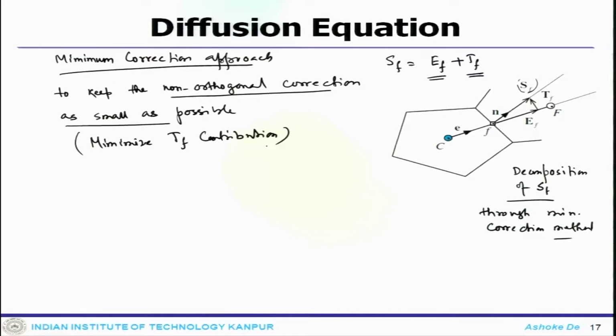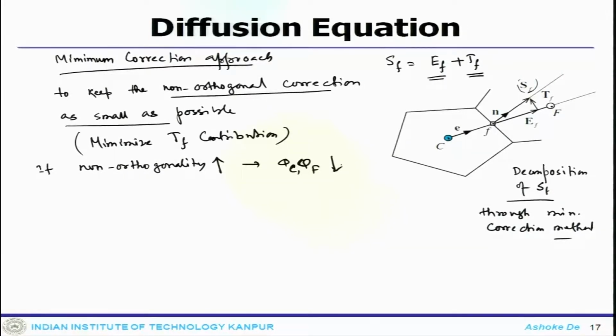But what happens if non-orthogonality increases? If that increases, the contribution to the diffusion flux from phi f and phi c will start decreasing.